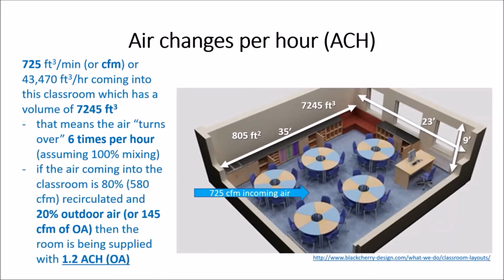Now, if the air coming in is 80% recirculated and only 20% outdoor air, then the amount of outdoor air is not 6 air changes per hour. The outdoor air exchange is 1.2, or 20% of 6. 1.2 air changes per hour of outdoor air.